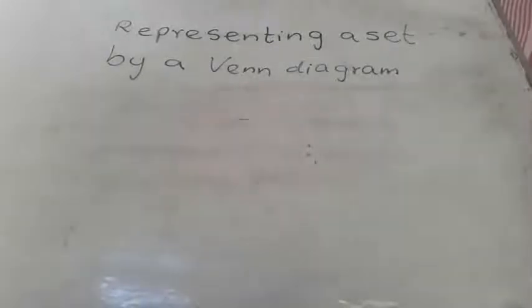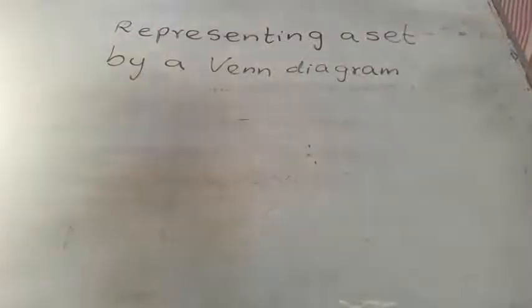This method is defined as a Venn diagram. This method of representing a set by a Venn diagram was introduced by the English mathematician John Venn. Therefore, such a closed figure is called a Venn diagram.